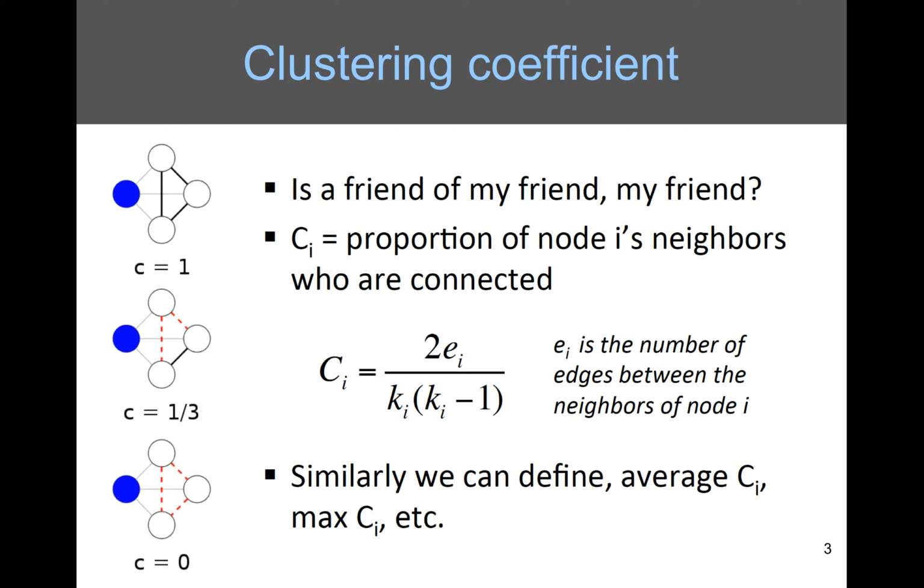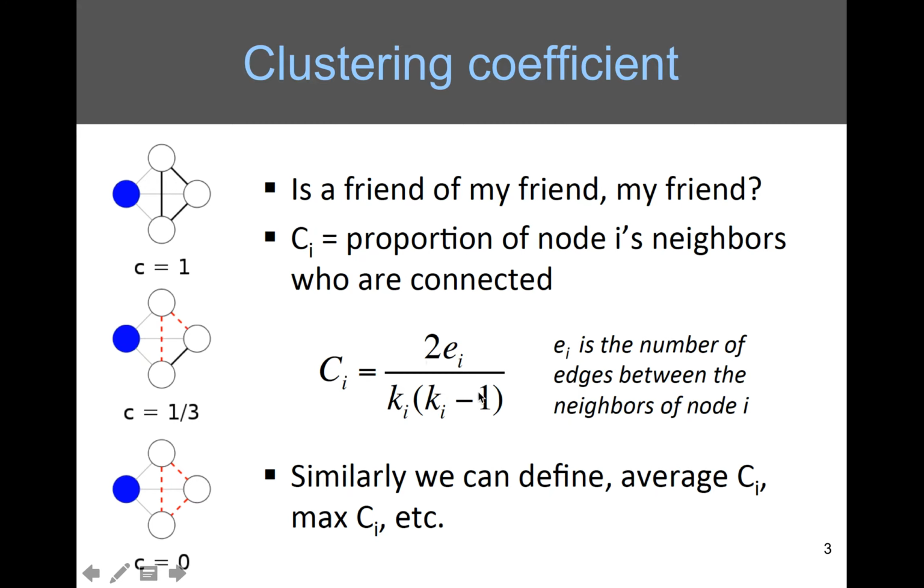So the clustering coefficient C_i of node i is essentially the proportion of node i's neighbors who are connected. If node i has k_i neighbors, then there's going to be a total of k_i times (k_i minus 1) divided by 2 possible edges. So if you have three nodes, it's 3 times 2 divided by 2, which is 3.